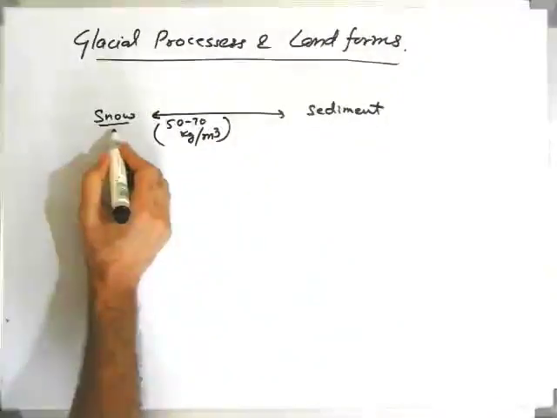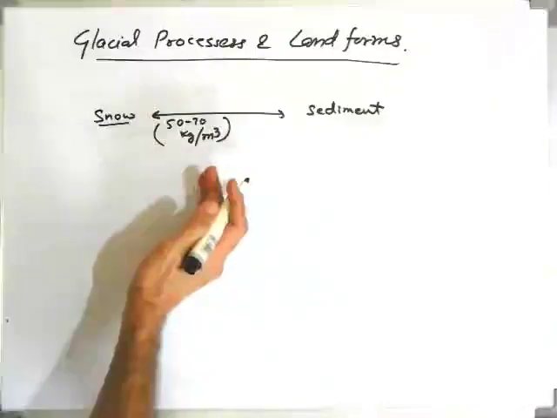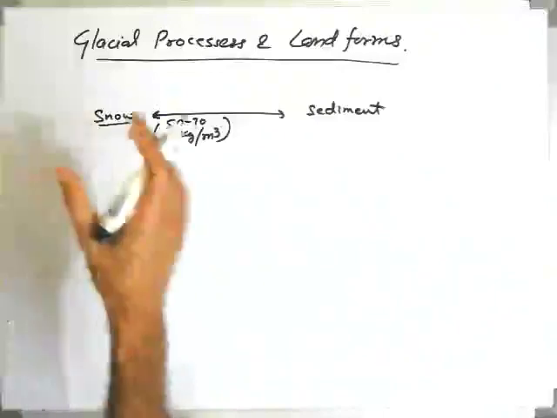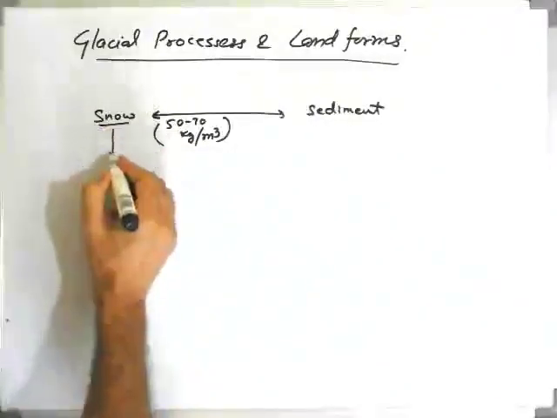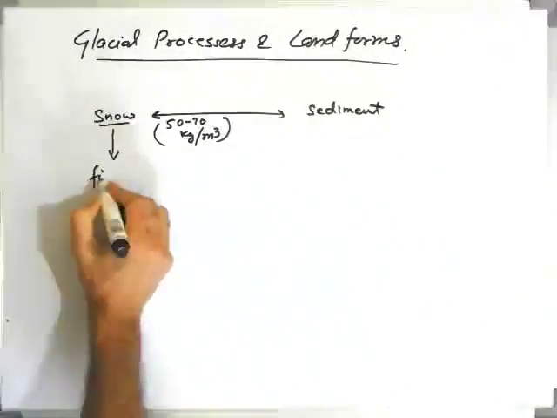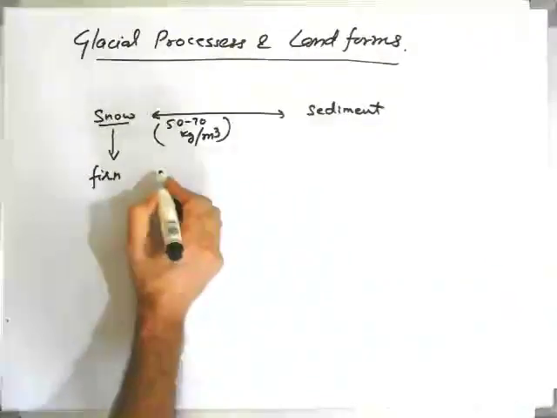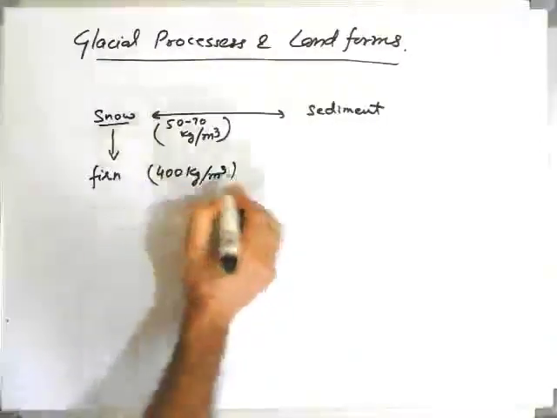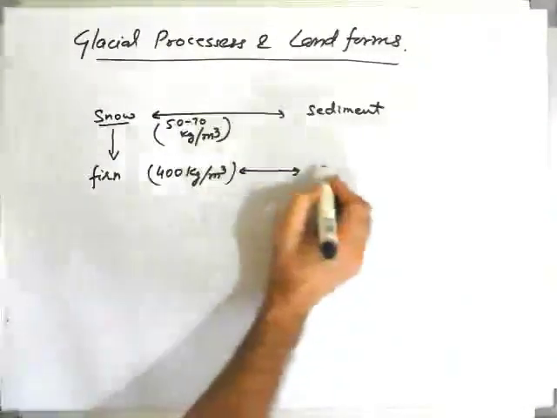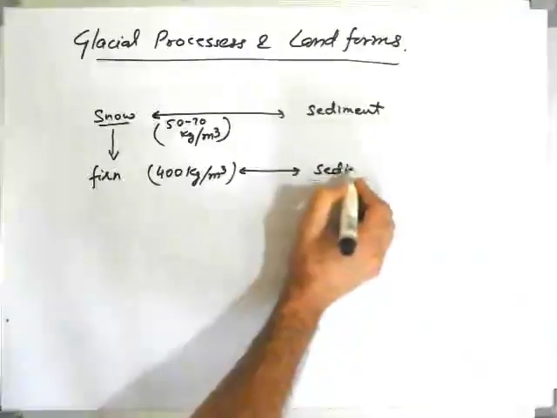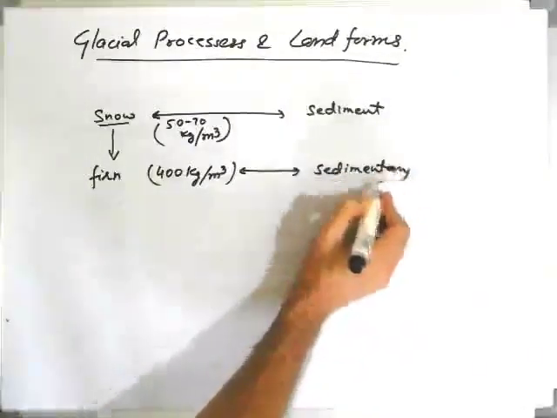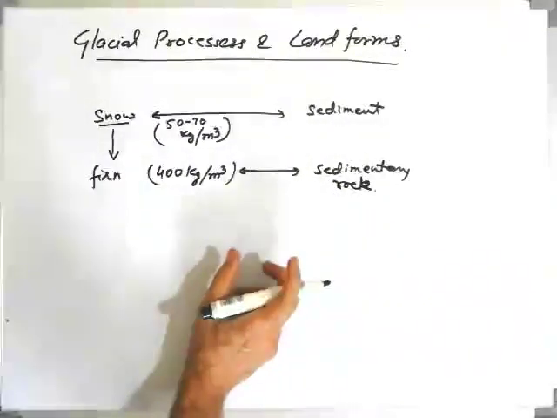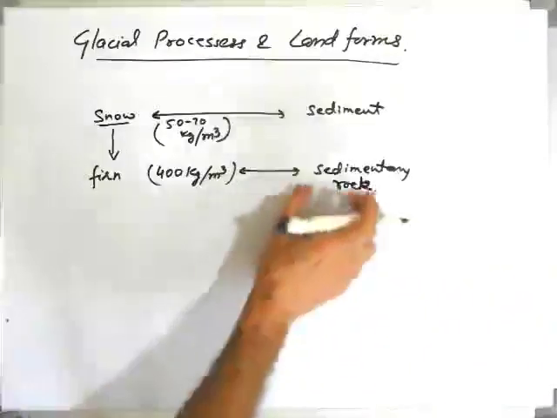Then if the snow does not melt in 1 year and it persists into the second year, the third year and fourth year and so on, it becomes compact, and then it evolves into firn. Here the density increases to about 400 kilograms per meter cube, and it is equivalent to sedimentary rock, which is not too much compacted and lithified.